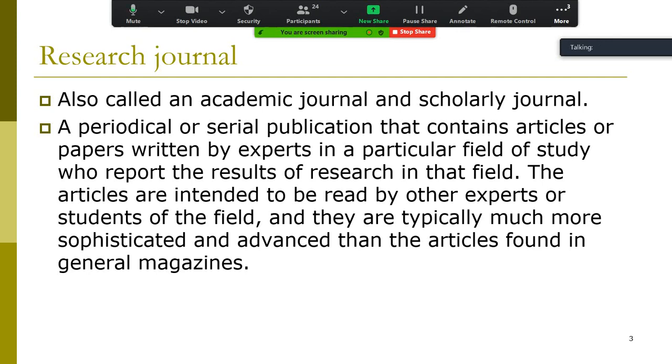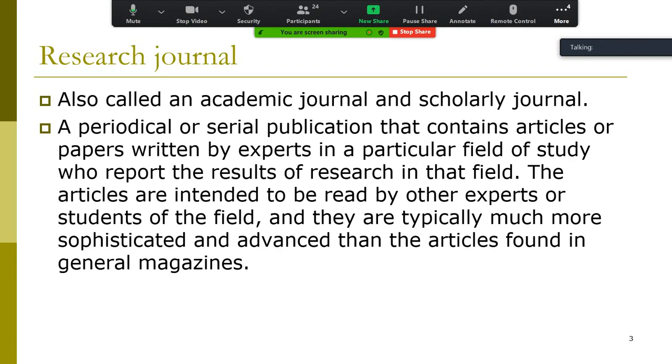The articles published in those journals are intended to be read by other experts or students of the field. So the target audience of a research article is the experts or students of that particular field, and the articles are typically much more sophisticated and advanced than the articles found in general magazines.